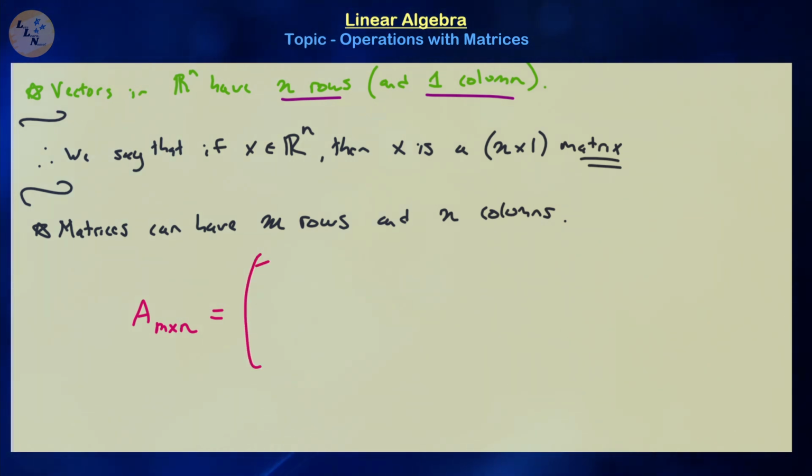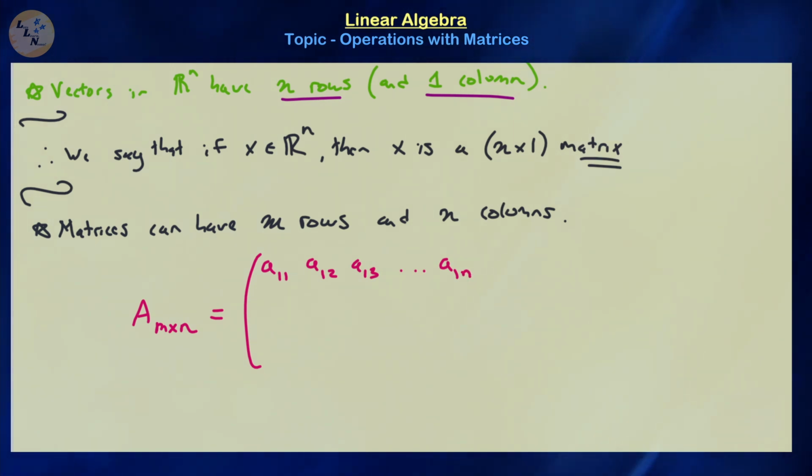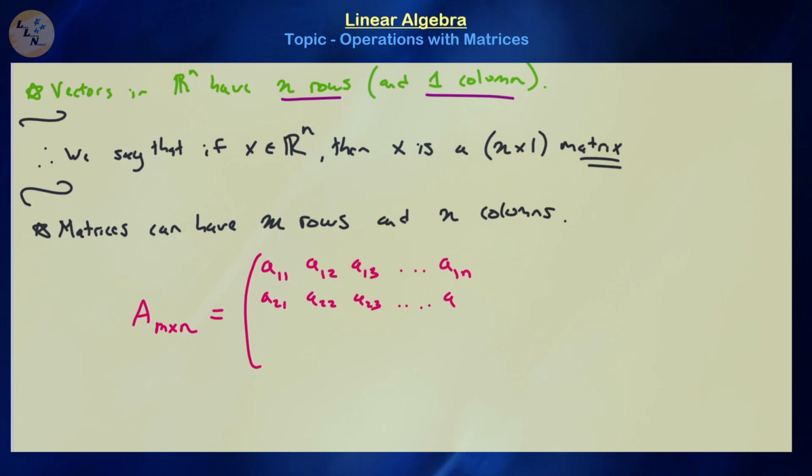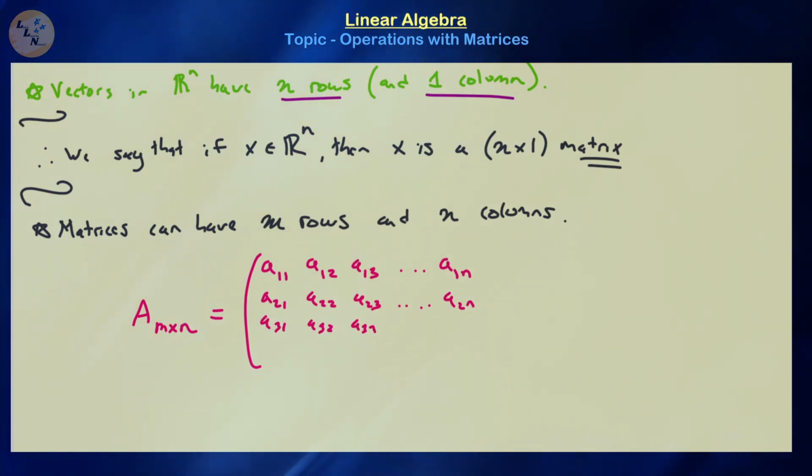On the first row, we have A11, the first row, first column, A12, first row, second column, A13, the first row, third column, all the way out to the first row, and how many columns do we have? It's m rows, n columns, so that's going to be A1n. Then we have A21, A22, A23, all the way down to A2n, and then A31, A32, A33, all the way down to A3n.